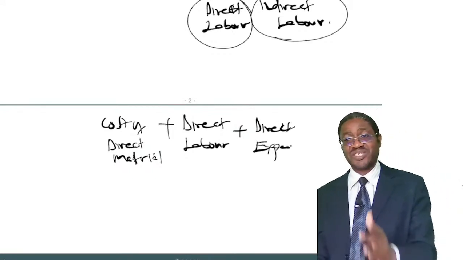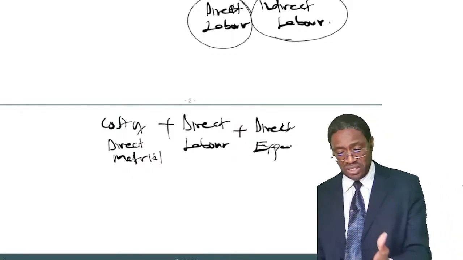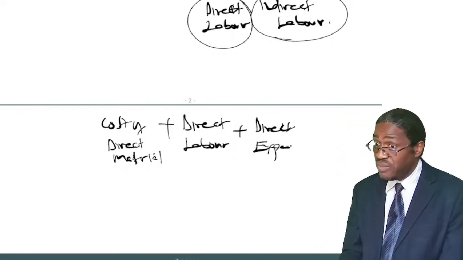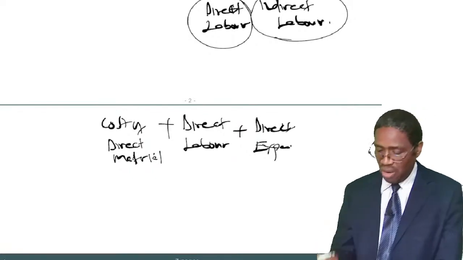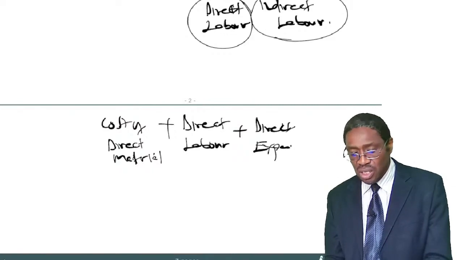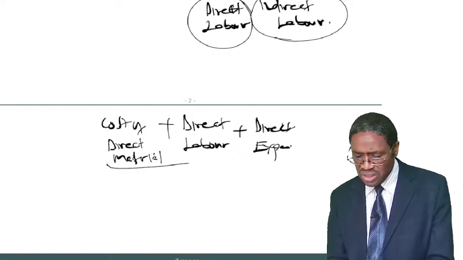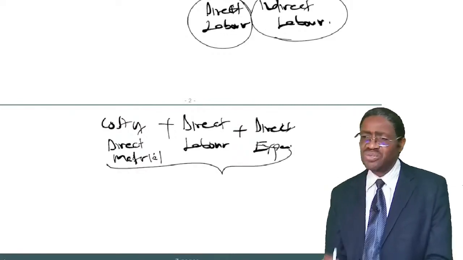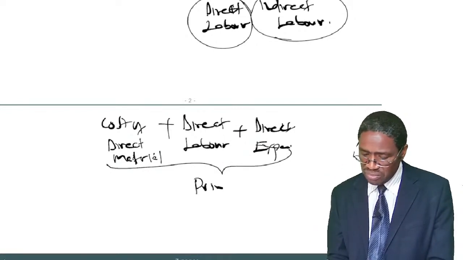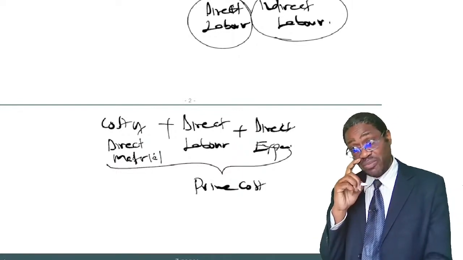Listen, I have taken the cost of direct material. How much is the cost of direct labor? How much is the cost of direct expenses? When you add those three, that gives you what we call the prime cost. You get what we call the prime cost.